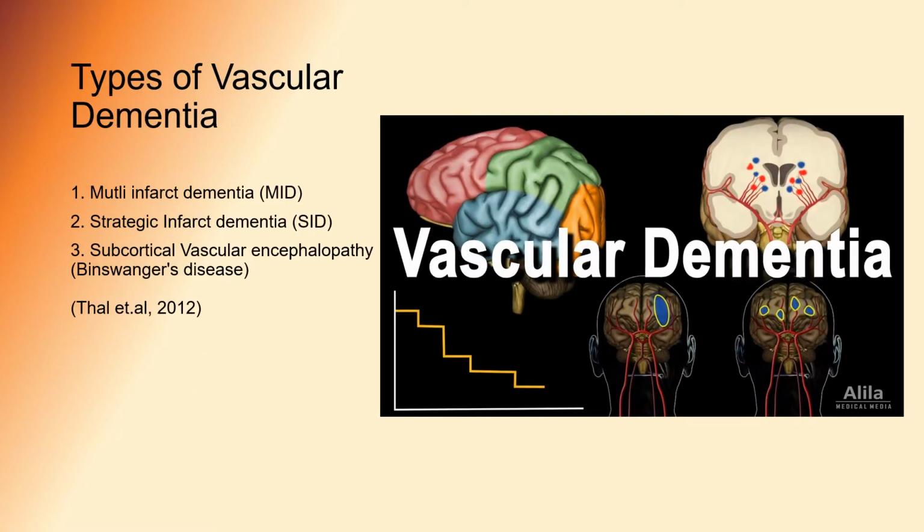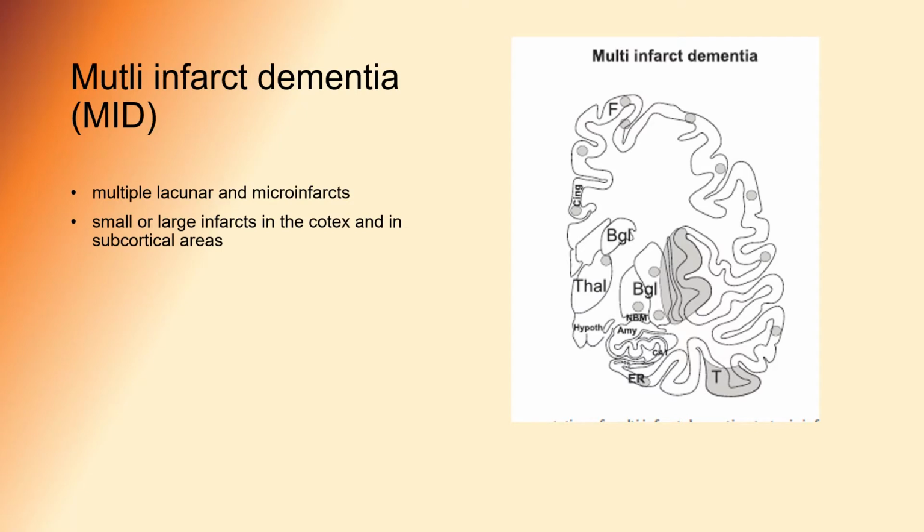There are three types of vascular dementia. They are MID, which is multi-infarct dementia, strategic infarct dementia, SID, and subcortical vascular encephalopathy, also called Binswanger disease. This is the MID we saw on the previous picture. It means a lot of infarcts.